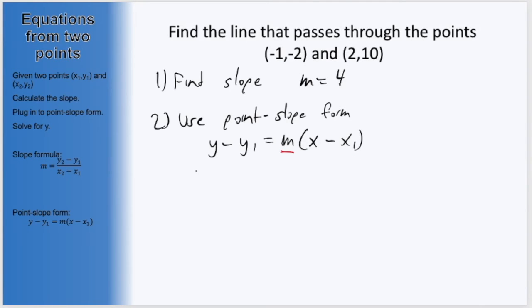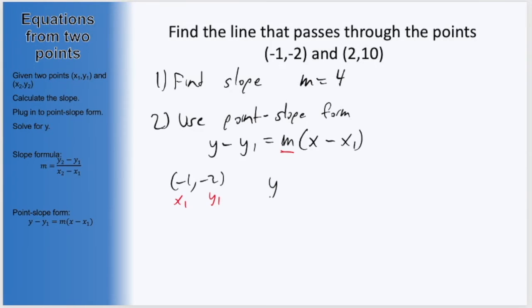Using our 2 example points, which we just calculated the slope for, I can plug in the x and y coordinates from either point, but let's stick to what we called x1 and y1 before. We called (-1, -2) our first point, so x1 is -1 and y1 is -2.